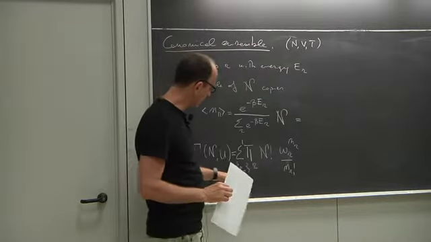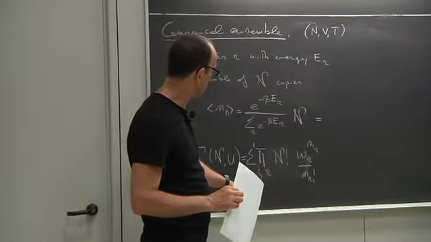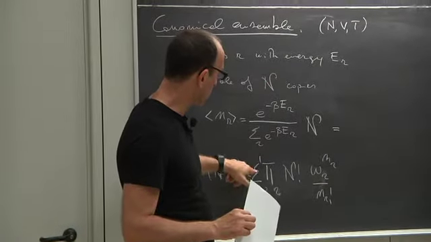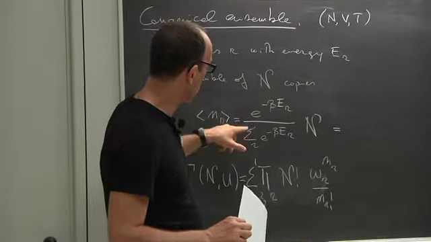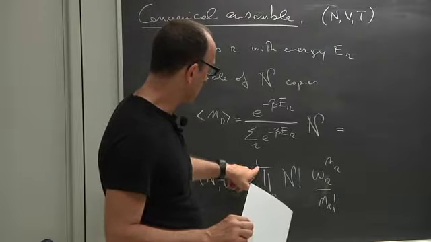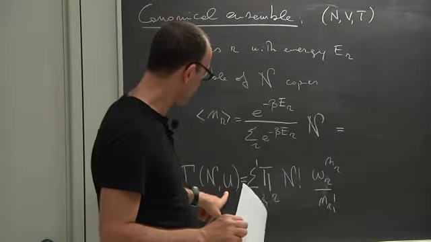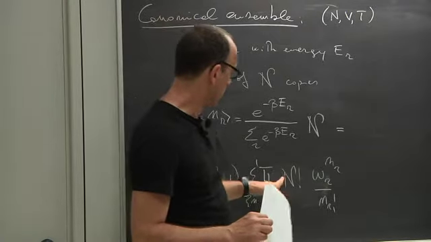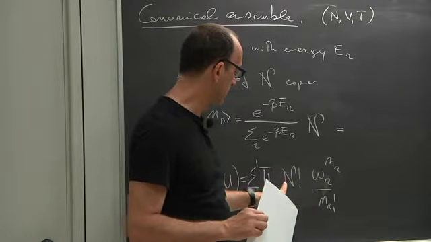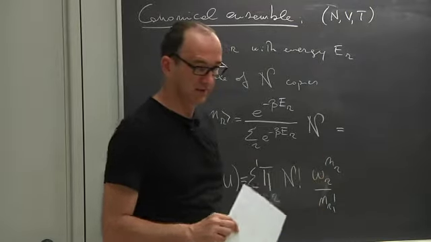I take a sum over all possible distributions of these copies over the states, such that the total number of copies is N, and the average energy in the ensemble is fixed to U. And this is essentially the number of ways in which I can distribute this number of copies, corrected by this factor, which is omega_R to the n_R.